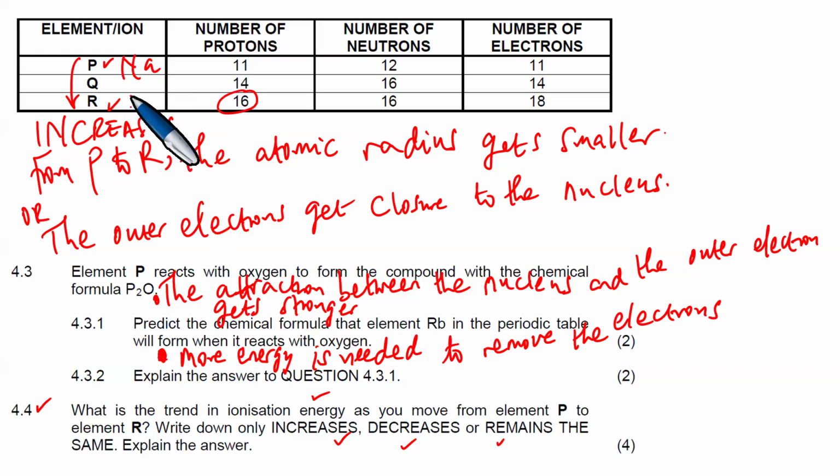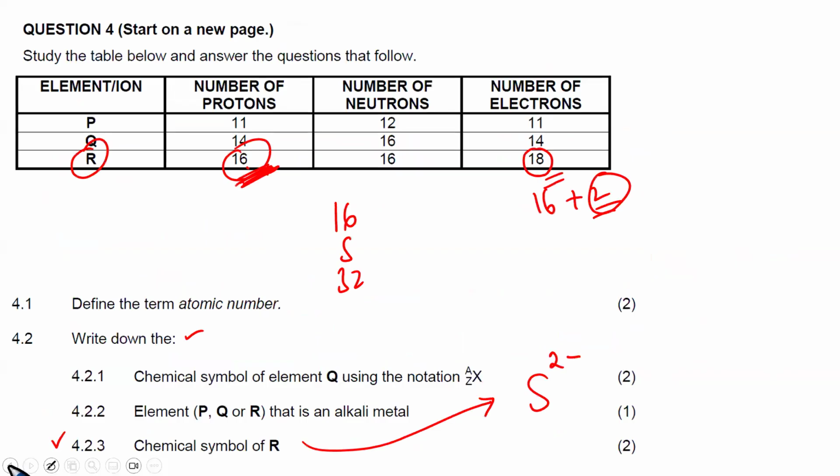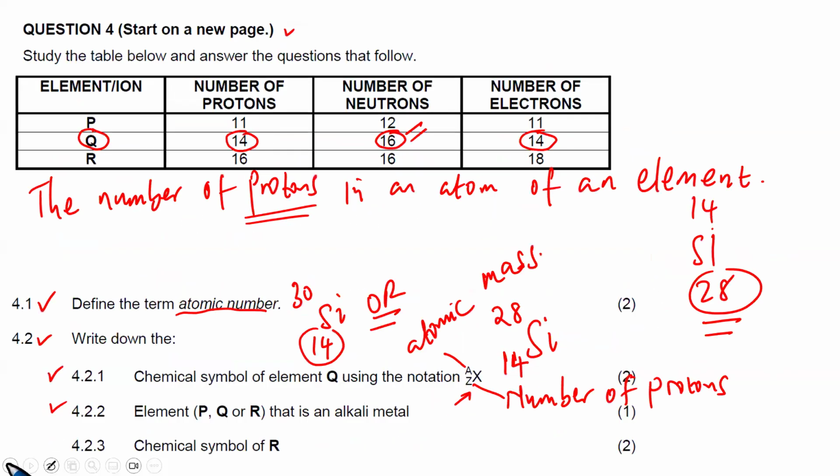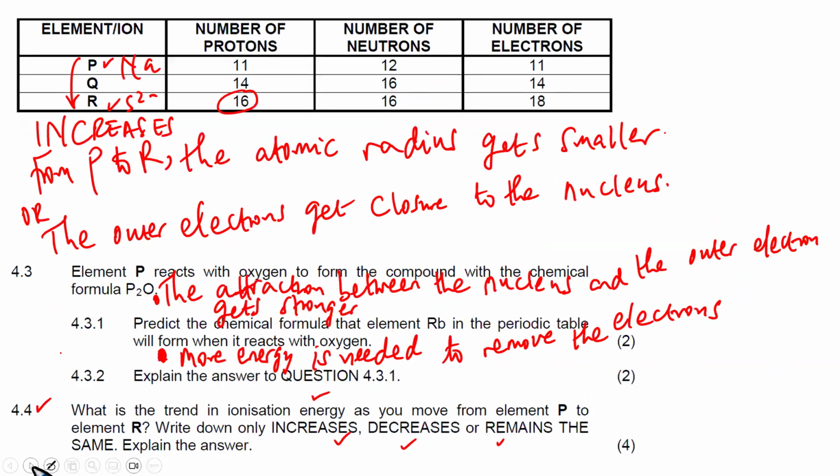Right, we're able to see that this one is S2 minus. And for example, we're able to see that this one is silicon. All right, we're able to see that this one is silicon.